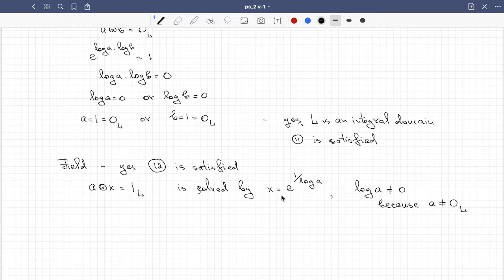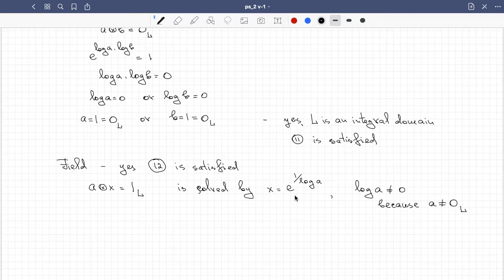So we solve this equation with non-zero a's, meaning a is not 1. Here is a solution. You can easily check that this is indeed a solution to this equation. So for every a except 0, this equation has a solution.